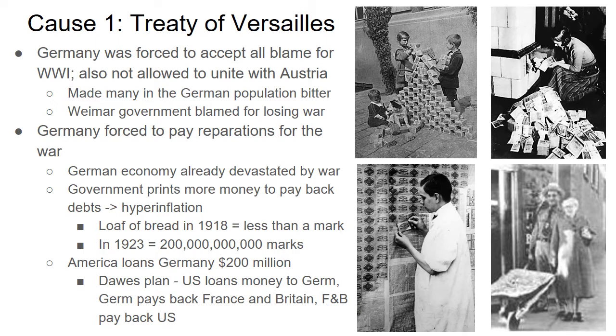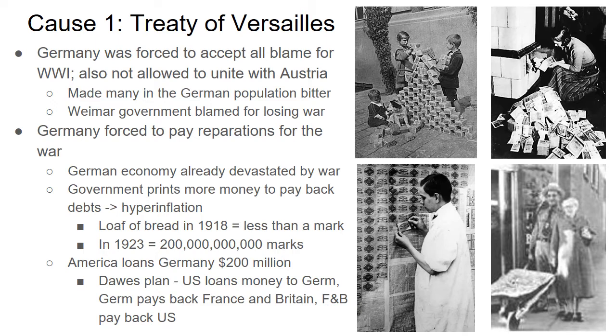So a lot of Germans felt really bitter about this. They felt bitter about being blamed, and they especially felt bitter about the reparations that they were forced to pay. So Germany was forced to pay back the Allied countries for all of the damage that was done to them during the war, especially to France. However, Germany's economy also had suffered because of the war.